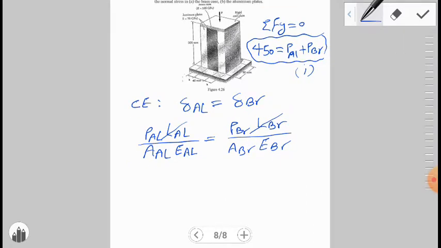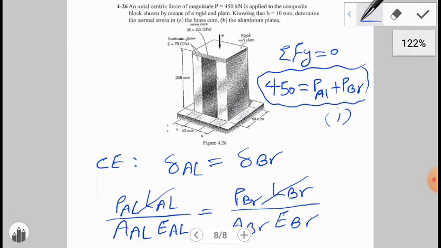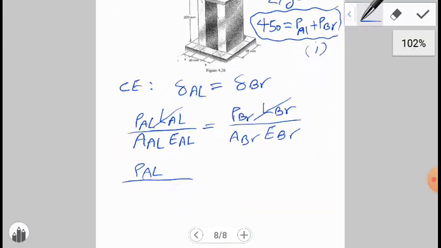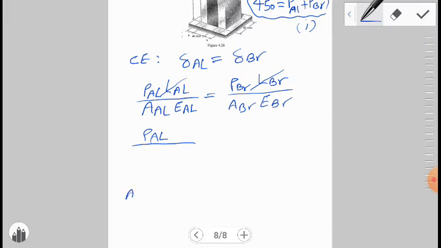And P aluminium is unknown. A aluminium is the area of the aluminium. We have two aluminium plates. For the area of aluminium, A aluminium is equal to 2 times 60 times 10, which is 1200 millimeter squared.